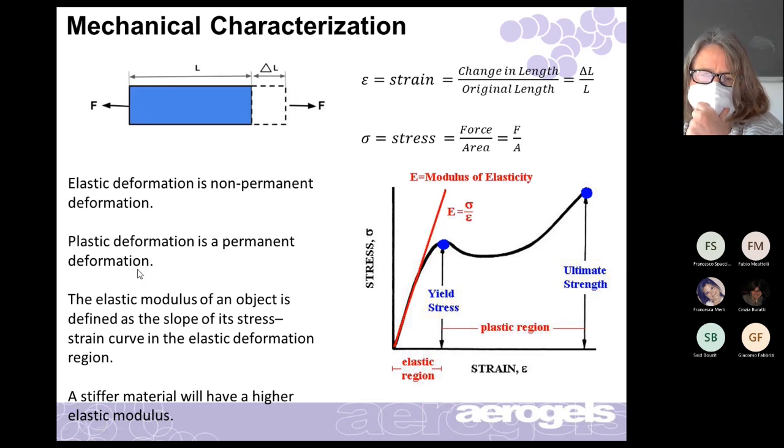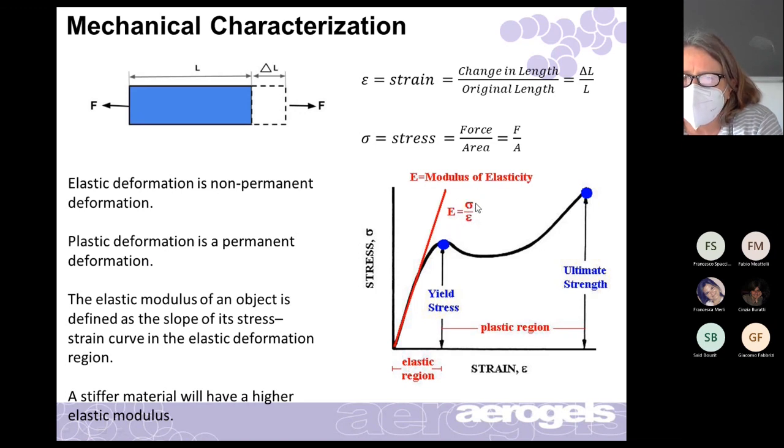So we define the elastic modulus of an object as the slope of its stress-strain curve. So right here, the slope of this curve is equal to a material's modulus of elasticity or elastic modulus, both are used. Again, the symbol E, sigma over epsilon, stress over strain.